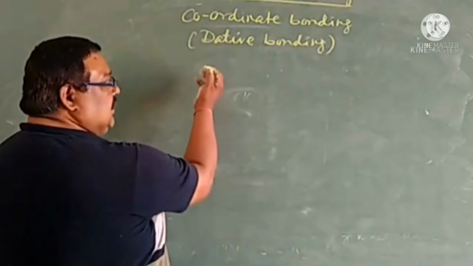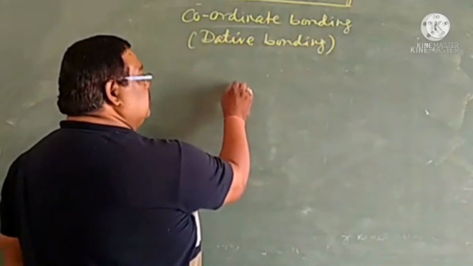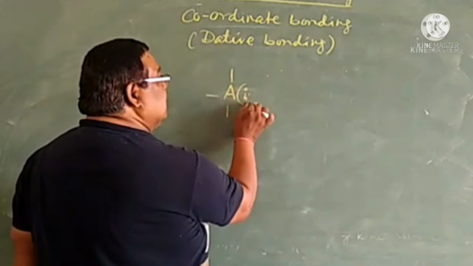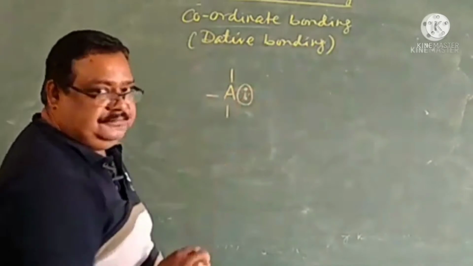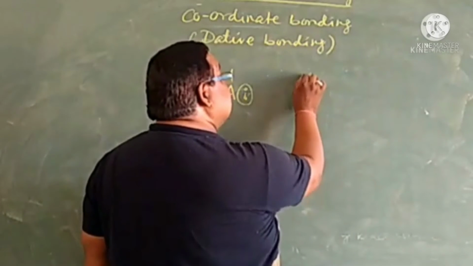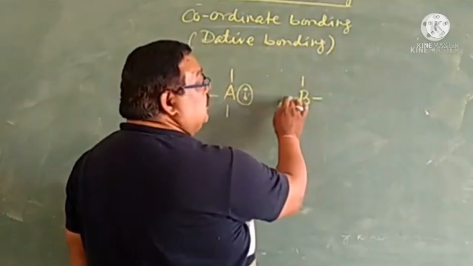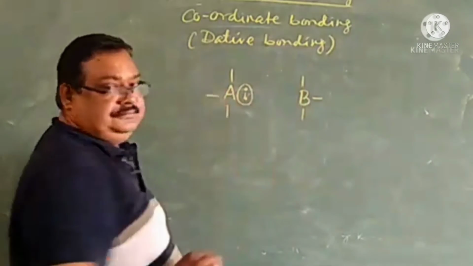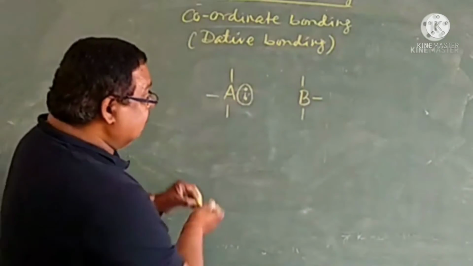Now, what are the conditions? One of the atoms should have a complete octet with at least one lone pair of electrons. The other atom should be short of a pair of electrons than the nearest inert gas, or it should have a vacant orbital.